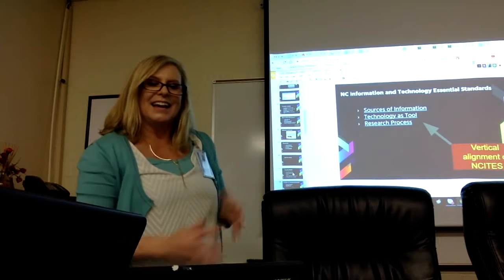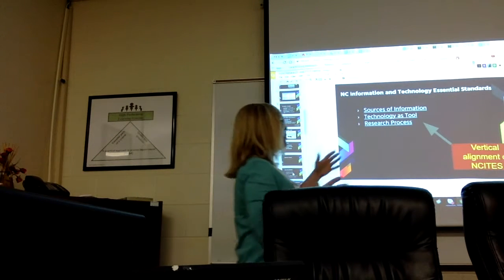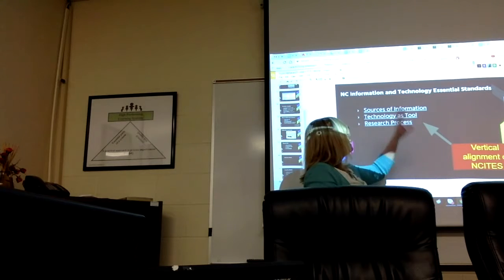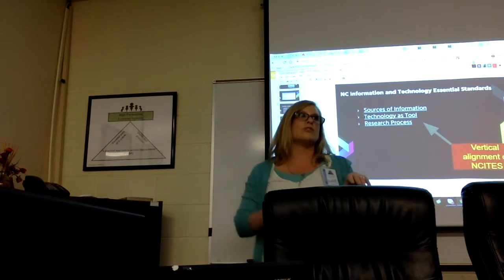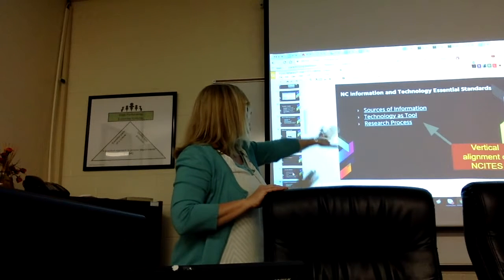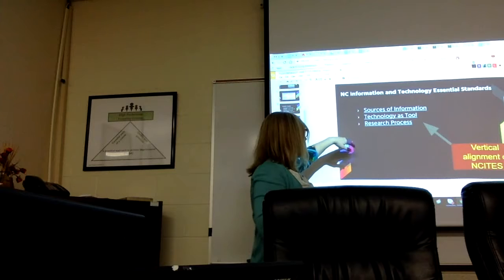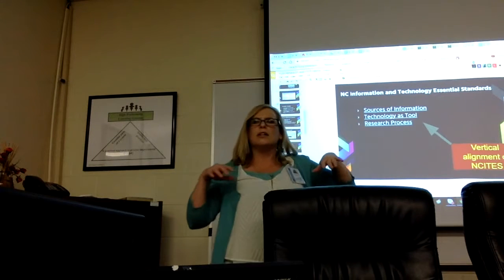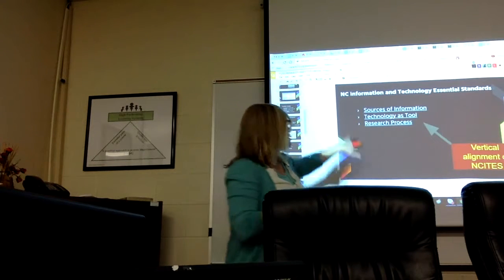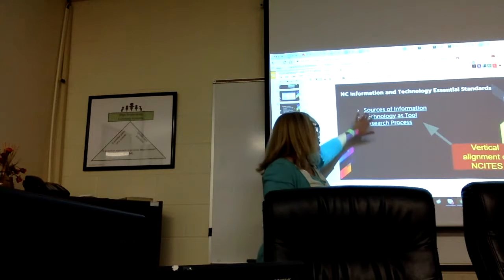And all of these things that we're presenting today are in the North Carolina Information and Technology Standards. And there are vertical alignments right here for you, and these are the three main categories. So when you're talking about research, it's going to incorporate all of these, because that's what you're going to need to know.